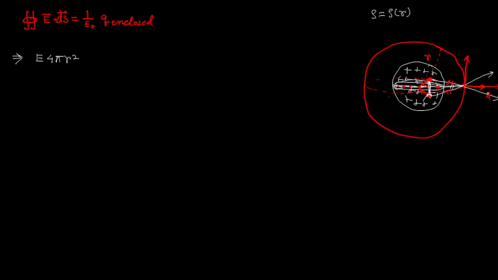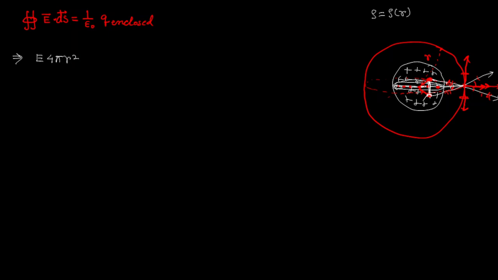Same way, if I decompose this electric field, one component will go along this direction, another component this direction. Since the magnitudes of these two electric fields are the same, and you can say from the figure this angle will be the same, this component and this component will cancel out. Only the net electric field will be along the radial direction.